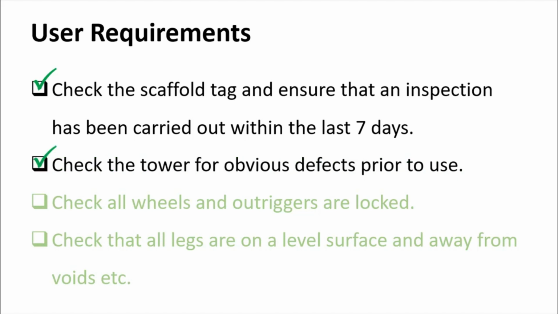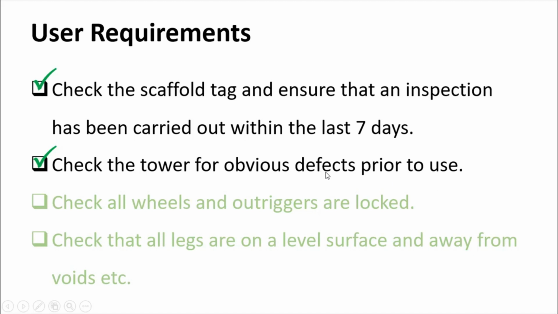Check the tower for obvious defects prior to use. So we don't know who was the last person to use the scaffold, since in construction there are so many people using the same scaffold. So before you use the scaffold, check it for obvious defects, so that you are sure that you are safe.